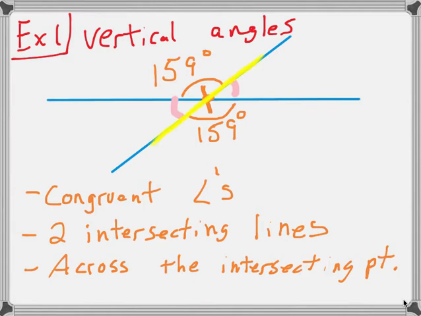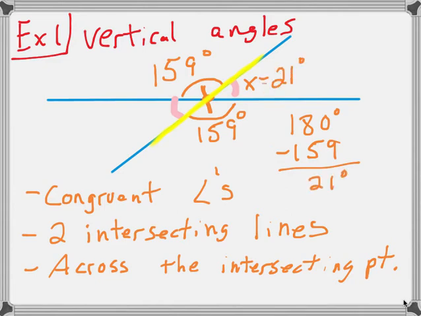To find x right there, take 180, because that's a straight line, minus 159, and that gives me, I believe, 21 degrees. So there's angle x. Now we could go directly across using vertical angles and say that this angle is also 21 degrees.